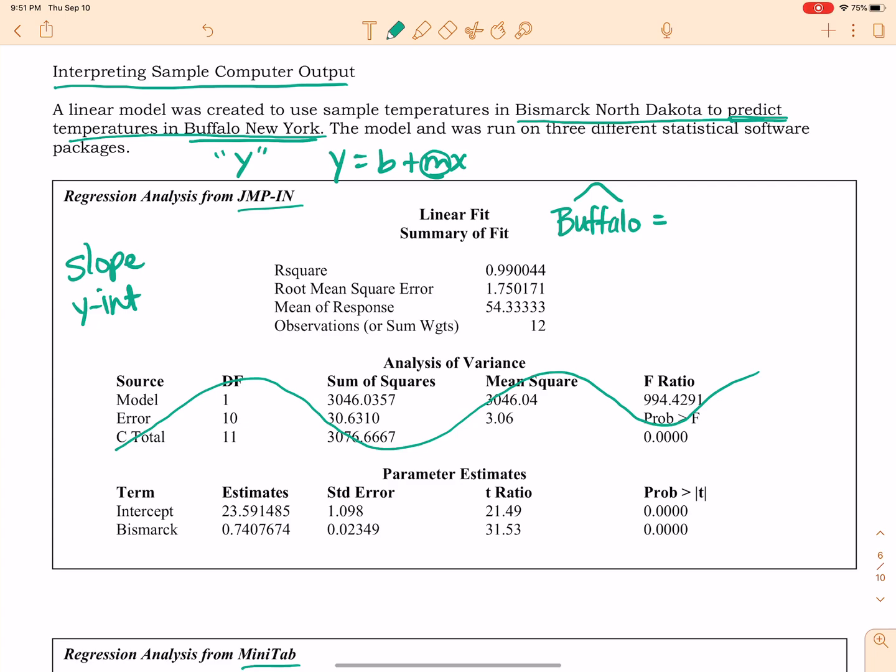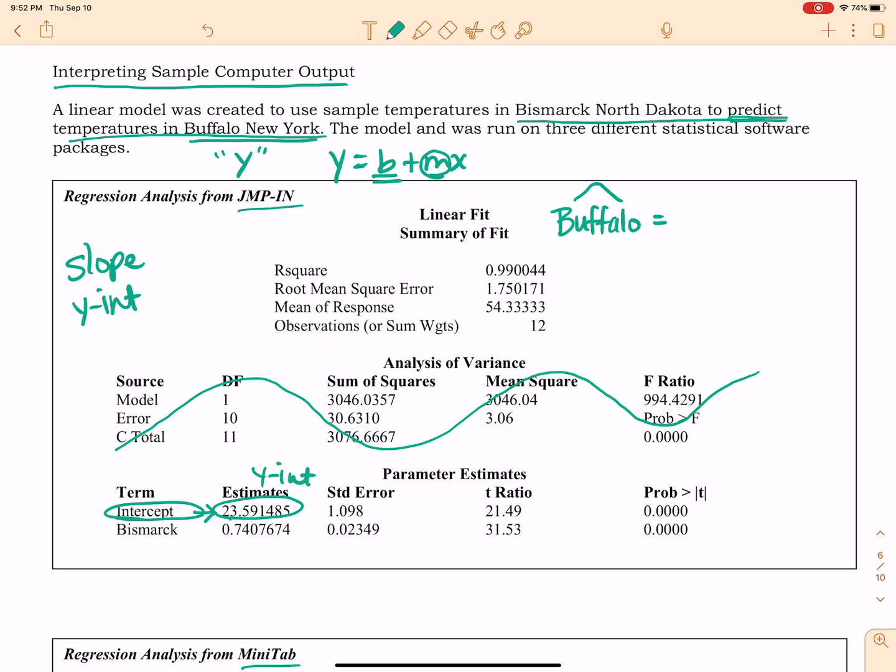The number associated with y is the y-intercept. So let's listen to that word, intercept. See right down here where it says intercept? The number right next to intercept, that'd be the y-intercept, kids.